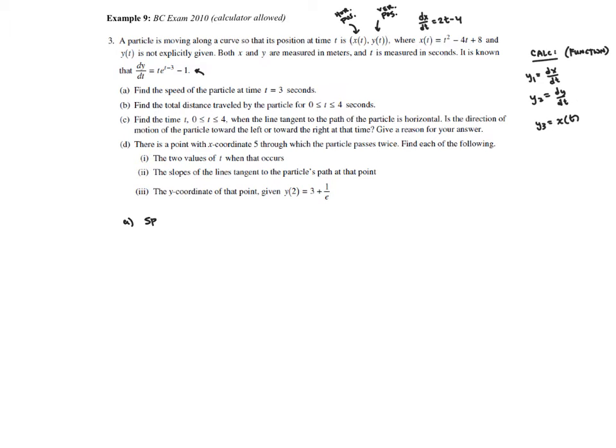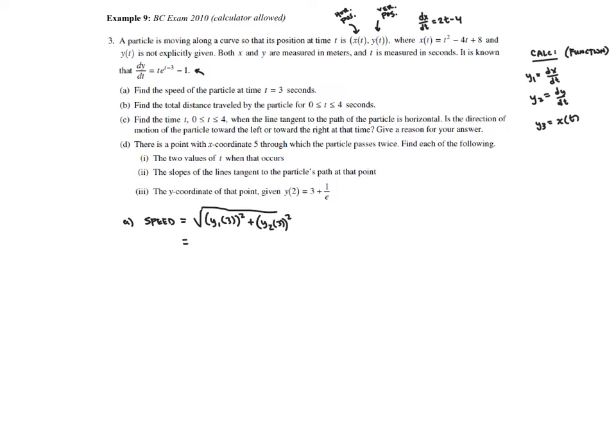Well, the speed of the particle, using a form of the distance formula, will be the square root of dx/dt at t equals 3 squared. So for me, what that's going to look like is y1 of 3 squared plus dy/dt located at 3, so that'll be y2 of 3 quantity squared.